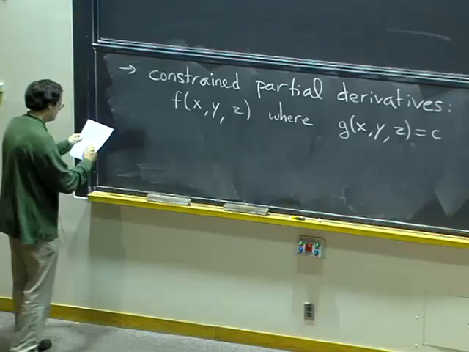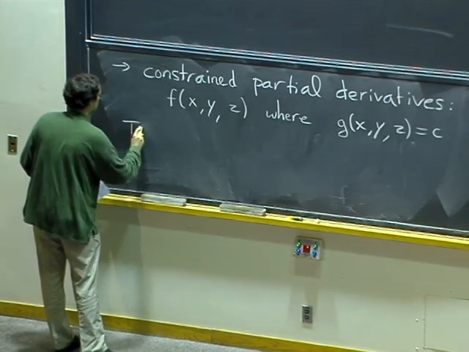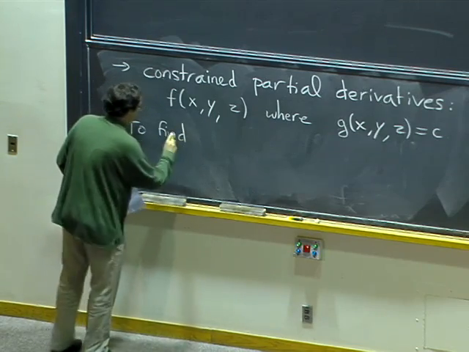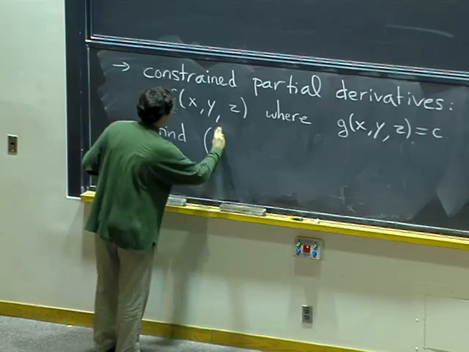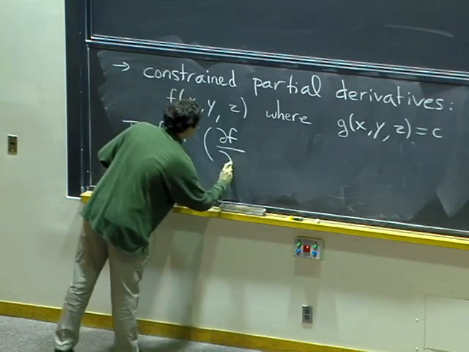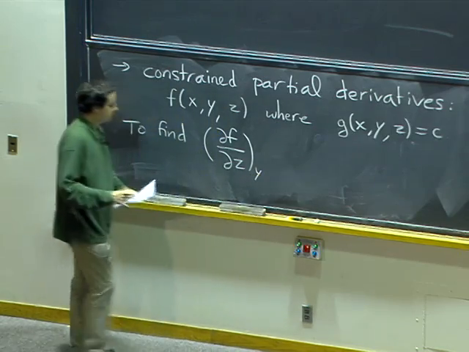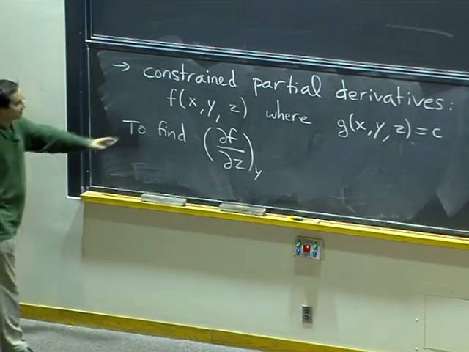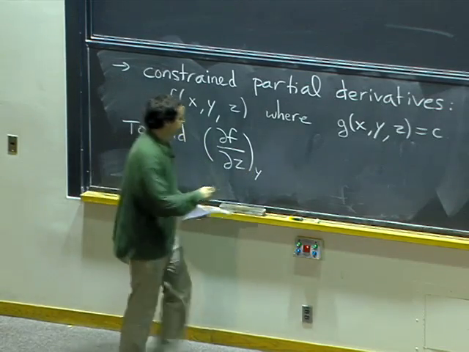So let's say, for example, we want to find, so I'm going to do a different example from yesterday so that if you really didn't like that one, you don't have to see it again. So let's say that we want to find the partial derivative of f with respect to z, keeping y constant. So what does that mean?